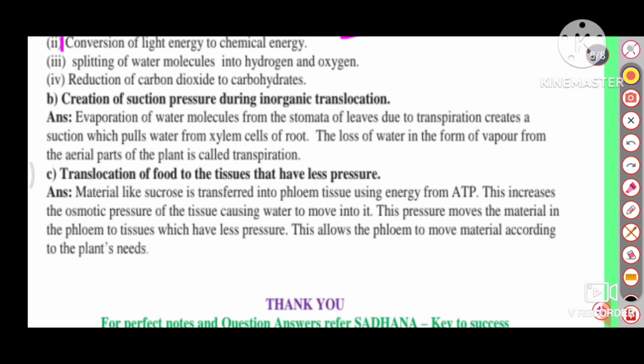This increases the osmotic pressure of the tissue, causing water to move into it. This pressure moves the material in the phloem to tissue which has less pressure. This allows the phloem to move material according to the plant's needs.